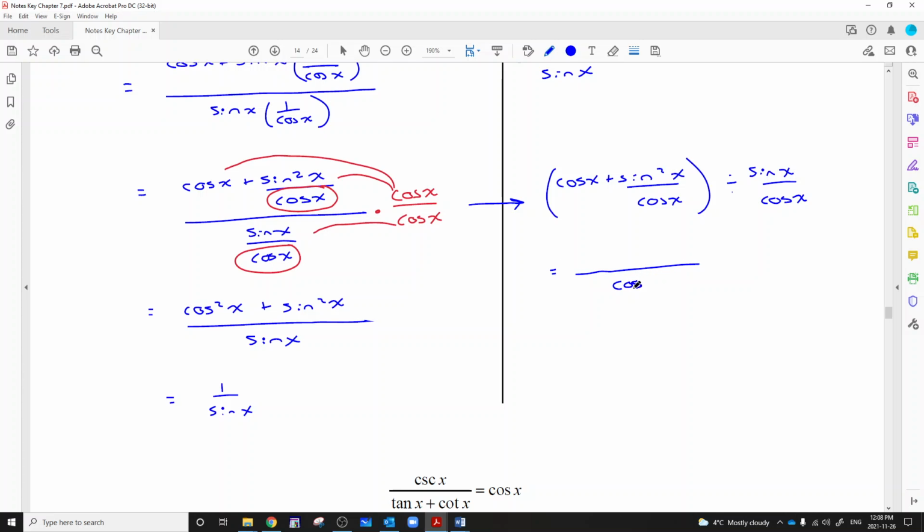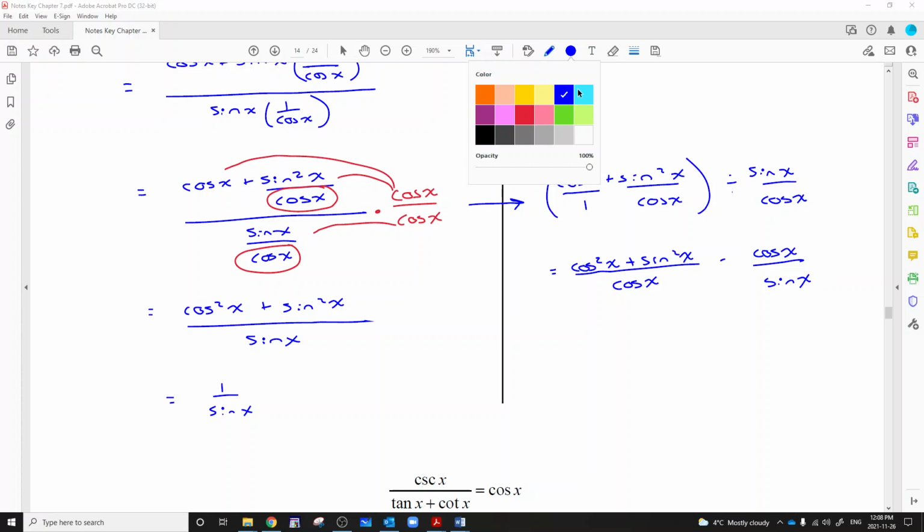So I'm going to create a common denominator of cos x. I'm going to multiply this fraction by cos x over cos x to get cos squared x plus sine squared x. And I'm going to flip the second fraction and multiply, so cos x over sine x.